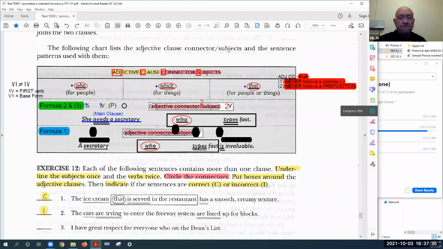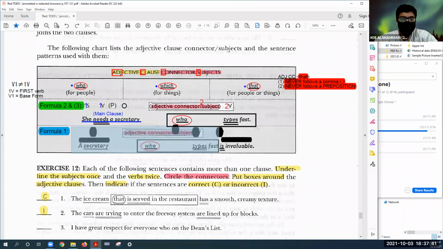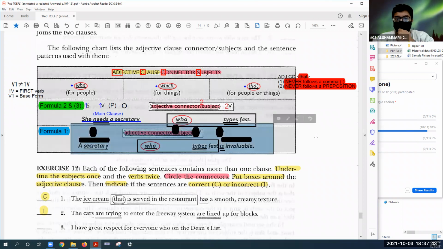Let's do the next formula. Summary, Formula 1. A secretary who types fast is invaluable. Explain it. A secretary is the first subject, and is is the first verb. Who is the second subject and connector at the same time.